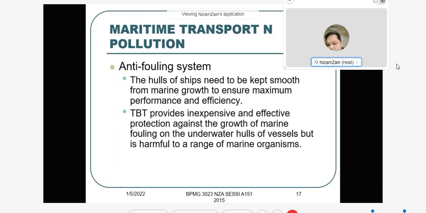For example, the microorganism is a very small, minute thing that you cannot see with your eyes. But it's very important for the ecosystem of the marine. If that is polluted or poisoned or damaged, the whole ecosystem will be damaged. You will get fish that is not healthy for eating by humans.